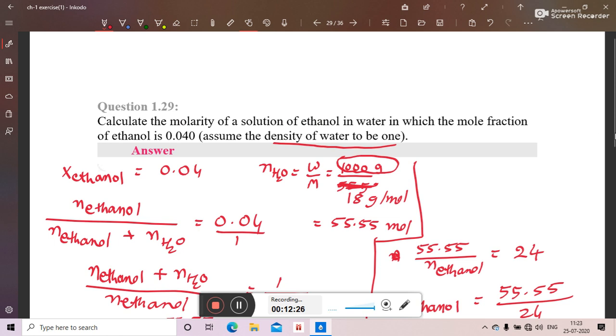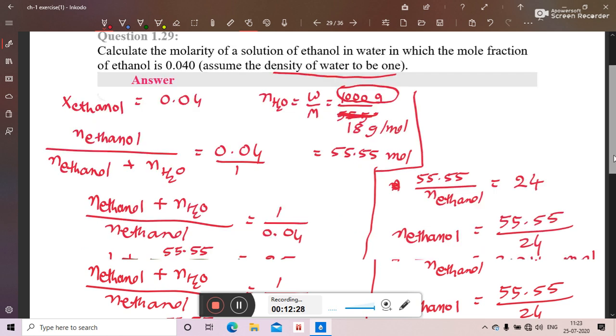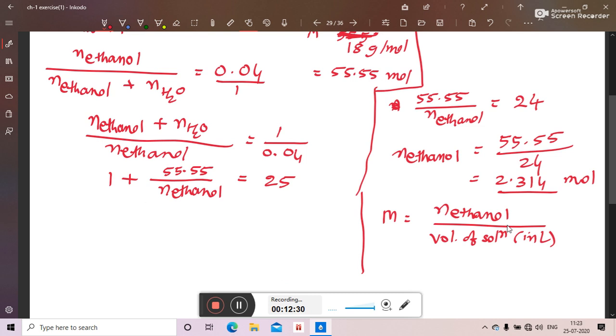Now 1 liter is the volume of solvent, but it can be taken as volume of solution as the amount of ethanol is negligible as compared to amount of water. So we can take volume of solution as 1 liter, and in the numerator we have 2.314. So final answer of molarity is 2.314 capital M. So that is the molarity of the solution. So this is our answer.